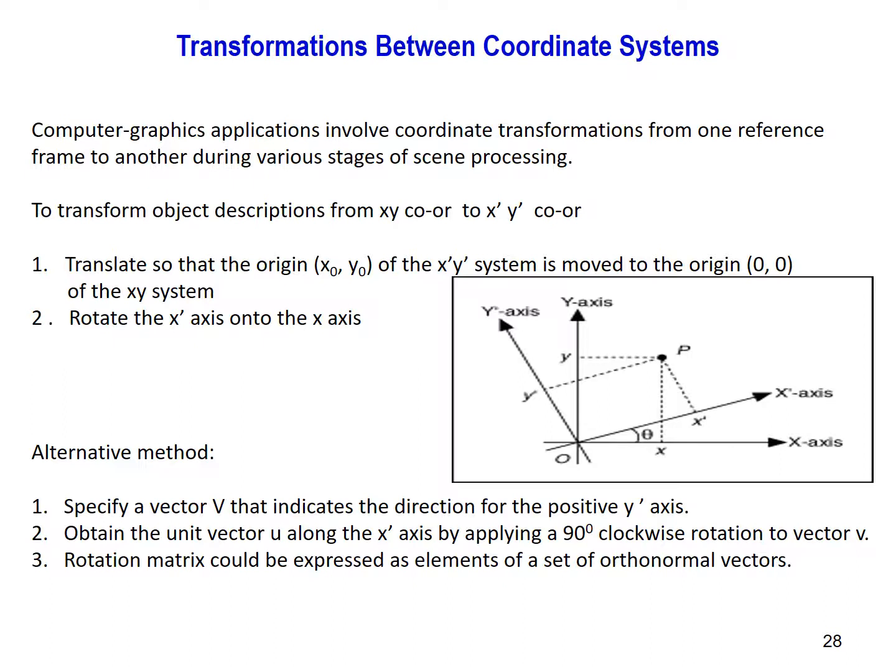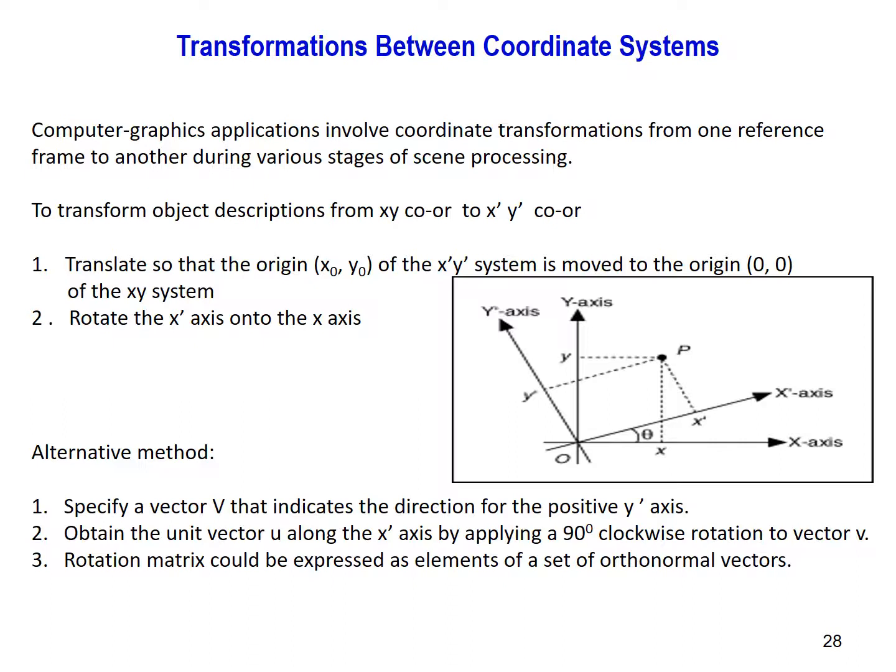Transformations between coordinate systems. Computer graphics applications involve coordinate transformations from one reference frame to another during various stages of scene processing. To transform object description from xy coordinate to x'y' coordinate, translate so that the origin x0, y0 of the x'y' system is moved to the origin 0, 0 of the xy system, and then rotate the x' axis onto the x-axis.